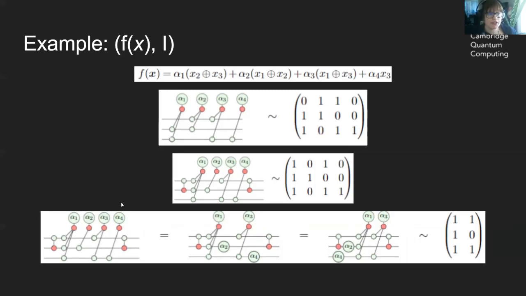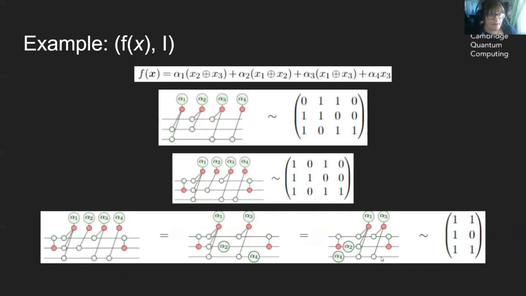A phase gadget that's only interacting with a single qubit is the same as the Z rotation on that qubit that we saw before. So we can make this entire thing into a Z phase, and we can do that for alpha 2 and alpha 4. And then because these green spiders commute, we can push everything to the left, and it leaves us a smaller phase polynomial with only alpha 1 and alpha 3.